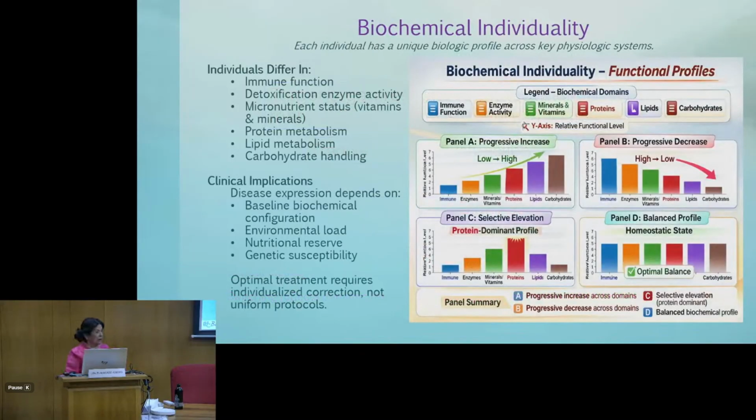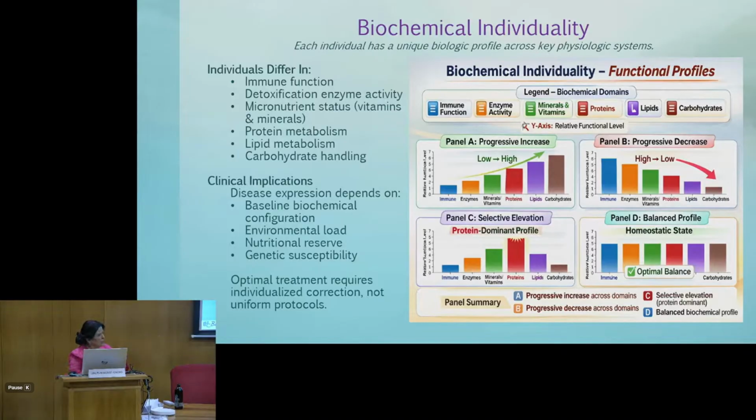Then we have to remember each individual is not the same. Each individual has a unique biological profile, and that's why they are biologically different. Now you see here in panel D, look at that.